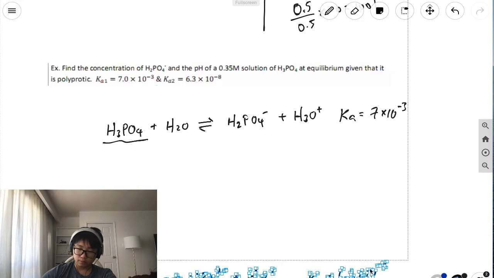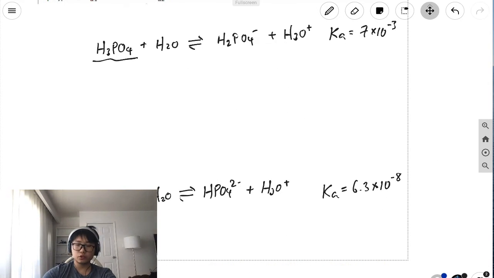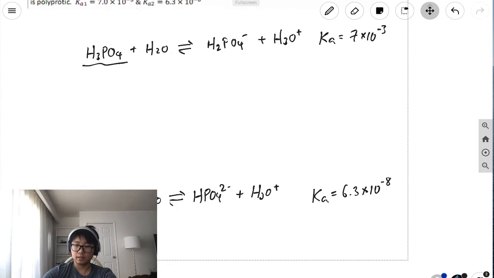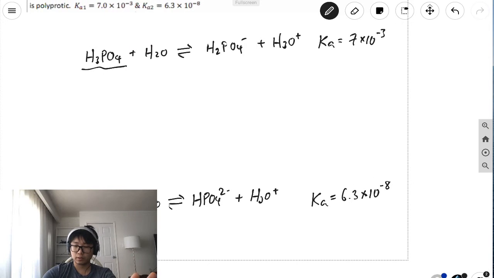Qualitatively, we threw some phosphoric acid into our beaker, and it reacts with water, or you can think of it as breaking apart into H2PO4 minus and an H plus. It's donating a proton to water, so you get H3O plus and H2PO4 minus.